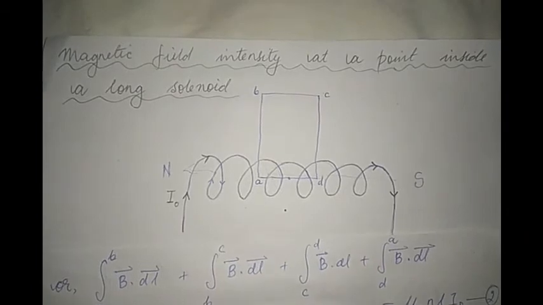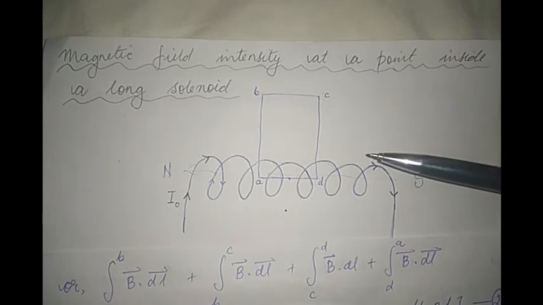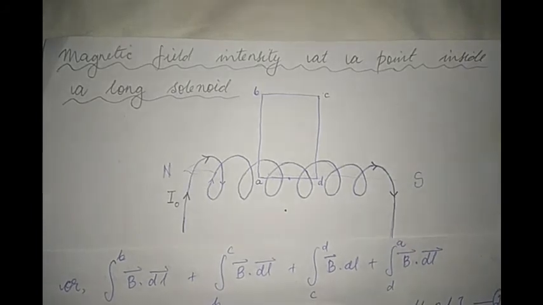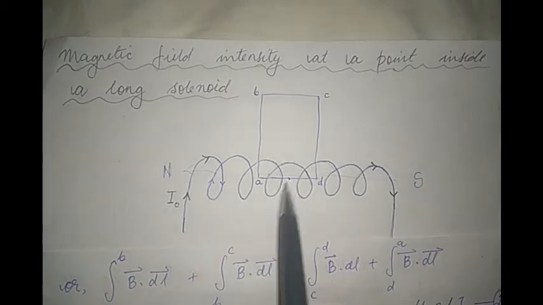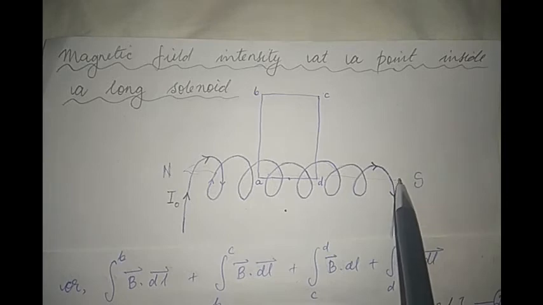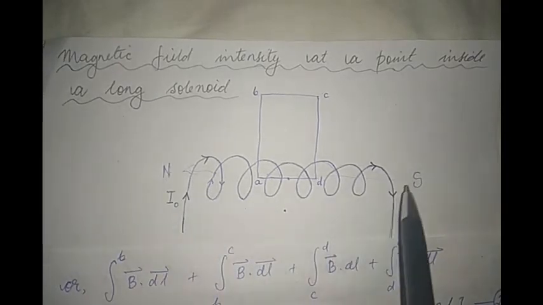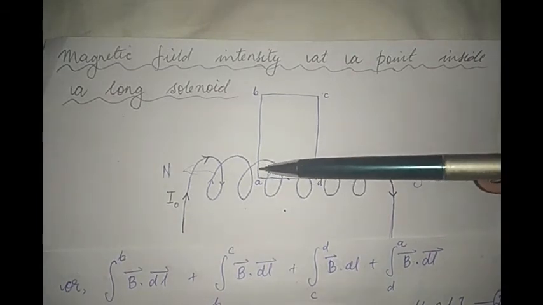So we are saying integration over AB and integration over CD is 0, because we are trying to find the magnetic field inside the solenoid, and inside the solenoid we've seen already that the direction of the magnetic field is from the south pole to the north pole, which is along the axis of the solenoid. And dl, what is dl?